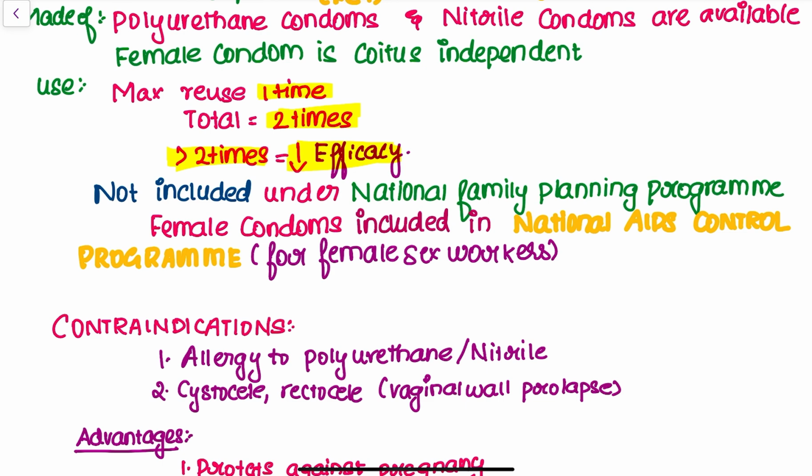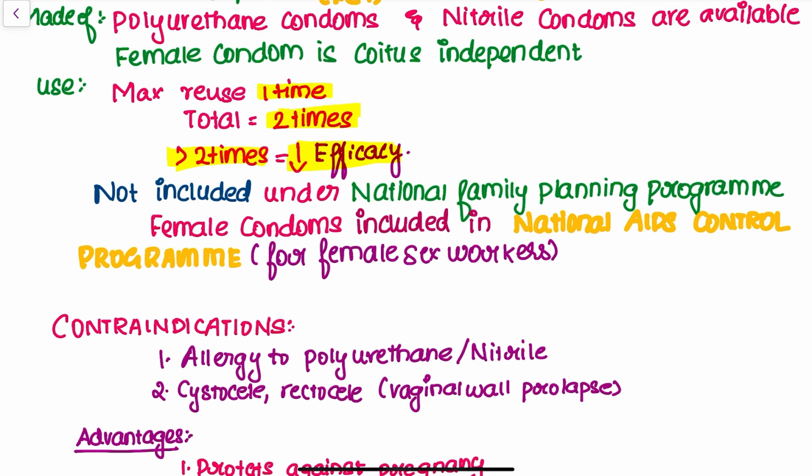Clear? Okay. And exactly opposite to the male condom, this female condom is not included in the National Family Planning Program, but it is included under the National AIDS Control Program, that is NACO, right? National AIDS Control Organization. Under this program, these female condoms are given to female sex workers.